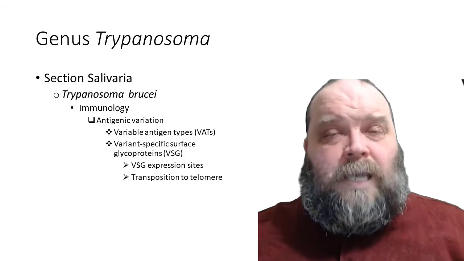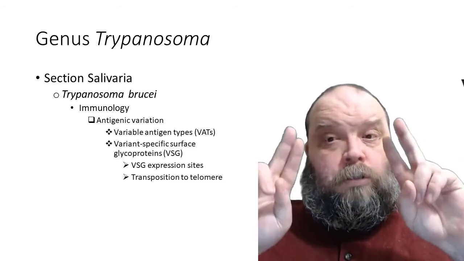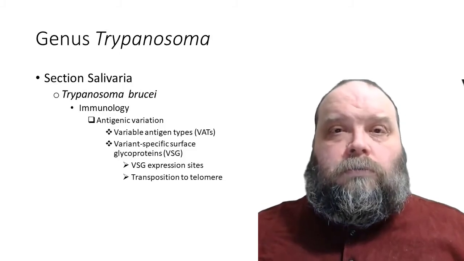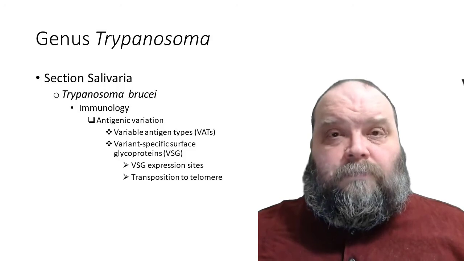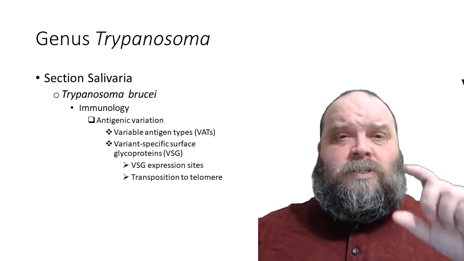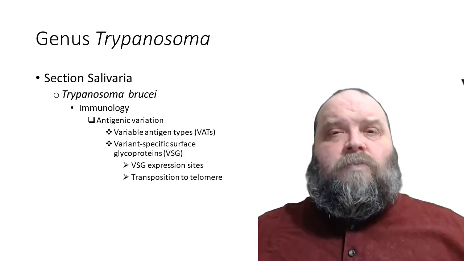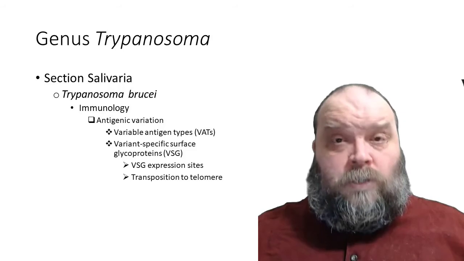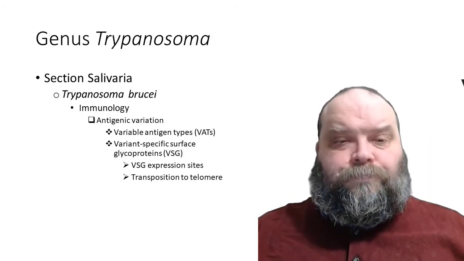So about the same time your adaptive immune system learns the trypanosome's antigens, it has modified them. And we're not talking a really big change, it's just a slight modification. And then your immune system and the B cells have to start over, and then start over again, and then start over again.